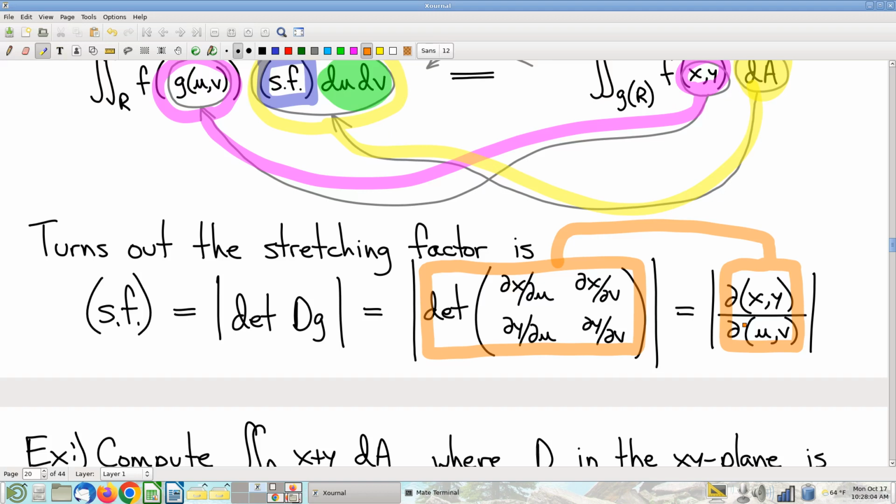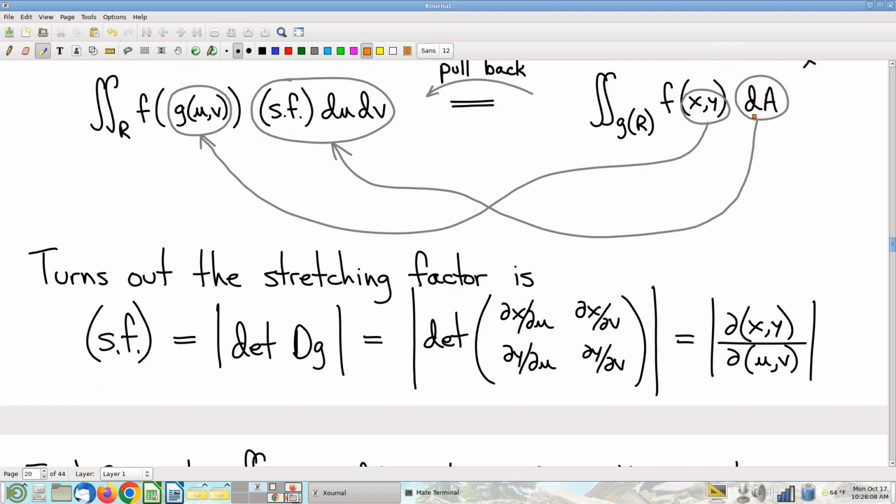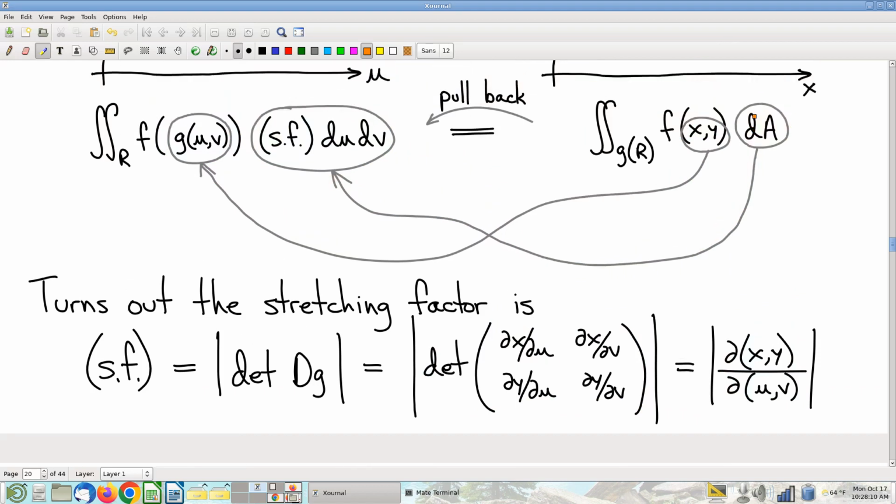The other reason that I'm going to write it like this, as a fraction, is as follows. It's a really nice little, I'm going to call it a memory tool. You'll see examples in a few minutes of why this is useful.